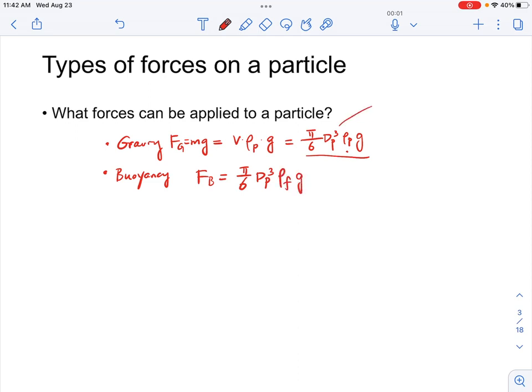I should note that here dp is just the particle diameter of the particle. And here specifically we assume that the particles are spherical. Okay, so rho p here is the particle density. Okay, rho f is the fluid density.